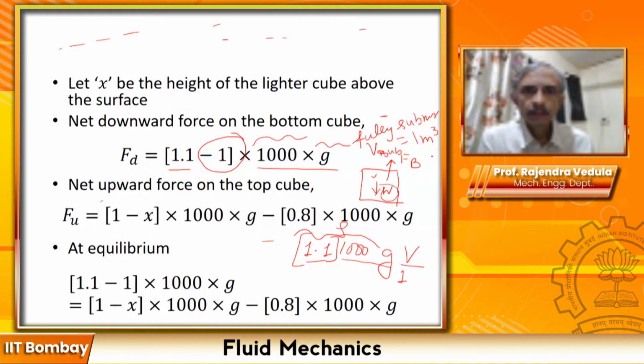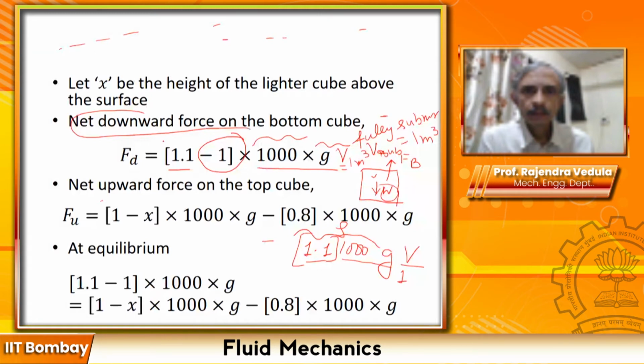So you have got 1 times this times this. Okay. So the volume is missing here. The volume is equal to 1 meter cube. Okay. So the net downward force on the bottom cube is this. The net upward force is this.